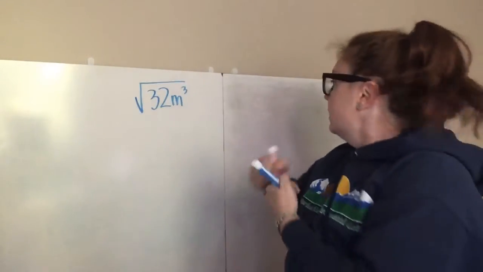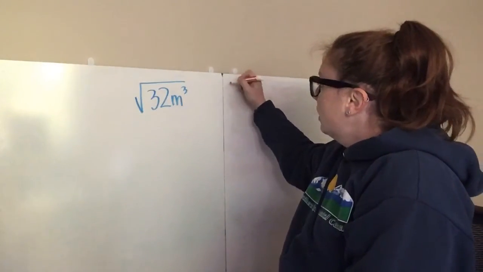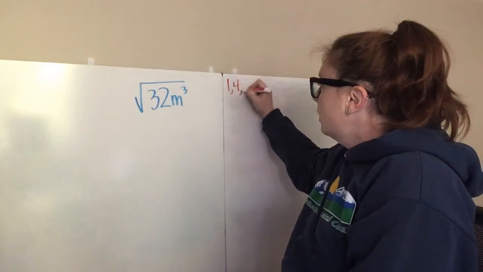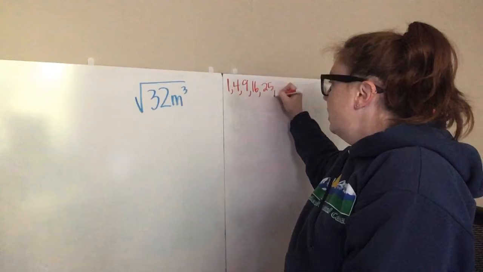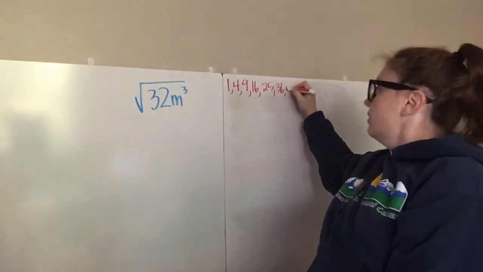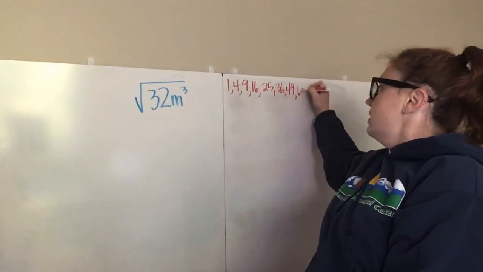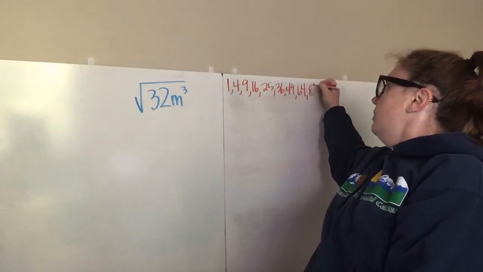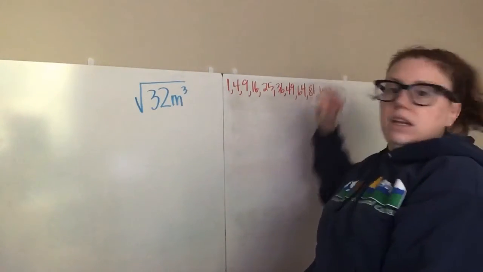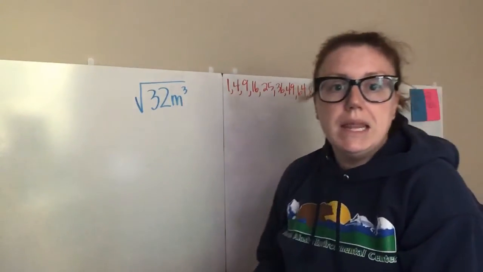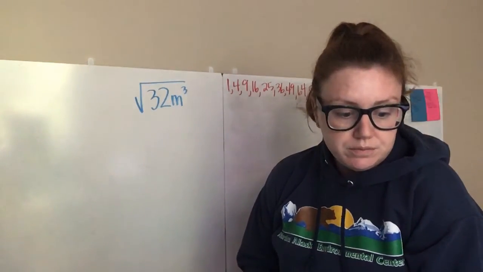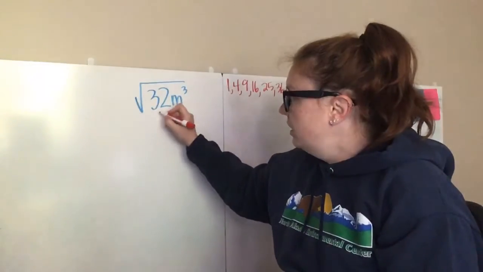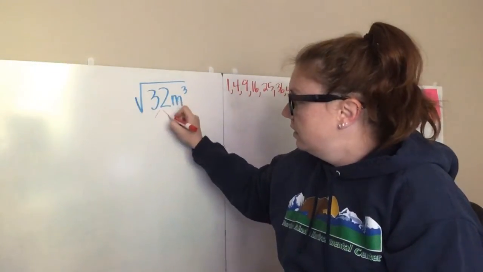Our perfect squares are 1, 4, 9, 16, 25, 36, 49, 64, 81, and 100, right? So we want to find the biggest perfect square. So if I'm looking at 32, I know that 32 has the following factors.